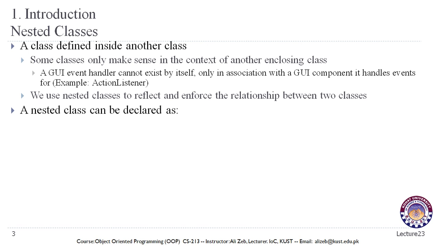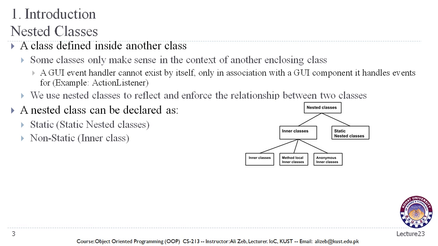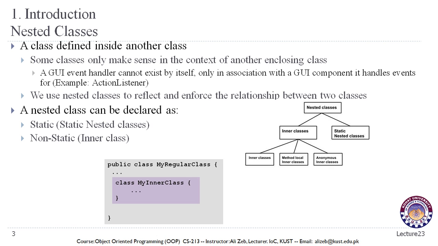A nested class can be declared as static, called static nested classes, or non-static, called inner classes. So these are the examples of nested classes, inner classes, and static nested classes. The inner classes have further types like member inner classes, method local inner classes, and anonymous inner classes.